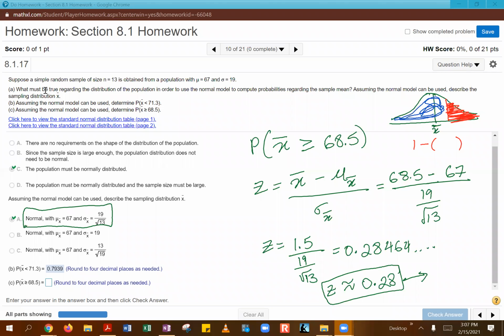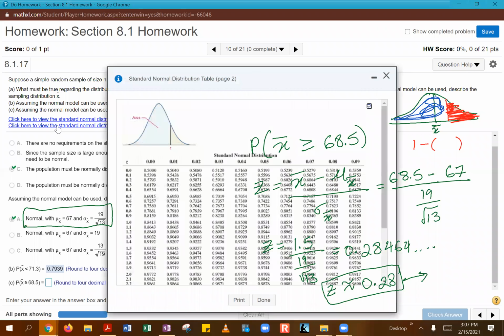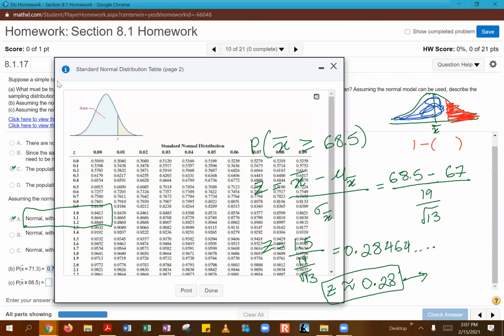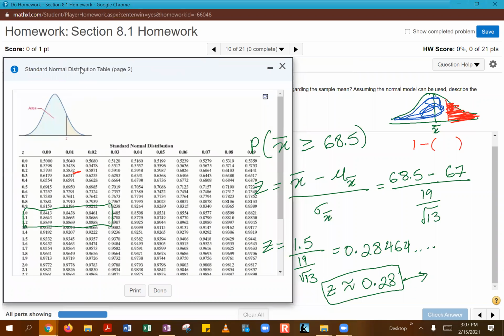So again, since this is a positive 0.28, I'm going to click on page 2 of our table. Remember, again, we are looking for 0.2 on the left-hand side. And I think I'm going to have to move this guy just a little bit more so you can see that table through this mess. Okay. So 0.2 over here on the left-hand side, and then 0.08 on the top.